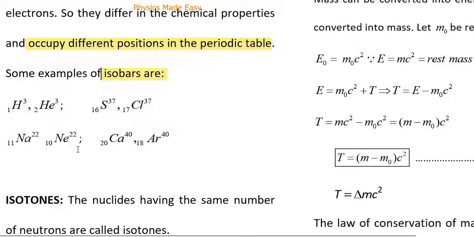Now the mass number is the same, the atomic number is different, the number of protons and neutrons are different. Then calcium and argon, mass number 40, atomic number 20 and 18.